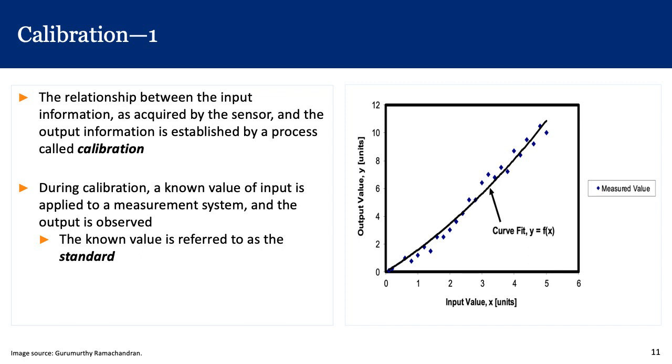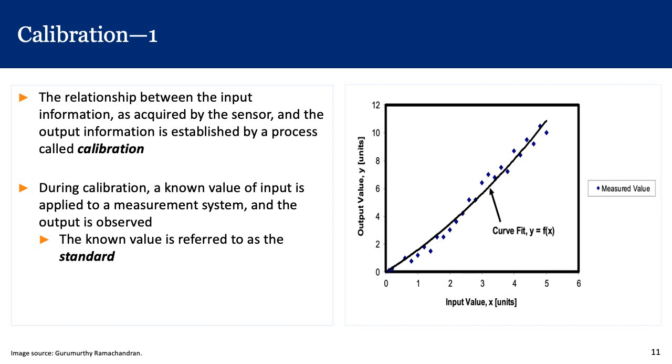We would say 5 liters per minute of airflow is entering this rotameter, and we know that it's 5 liters per minute through an independent measurement, not related to the rotameter, and that is called the standard. We would then find out how much distance the float traveled along the tapered cylinder, and we can mark that as the output on this graph.